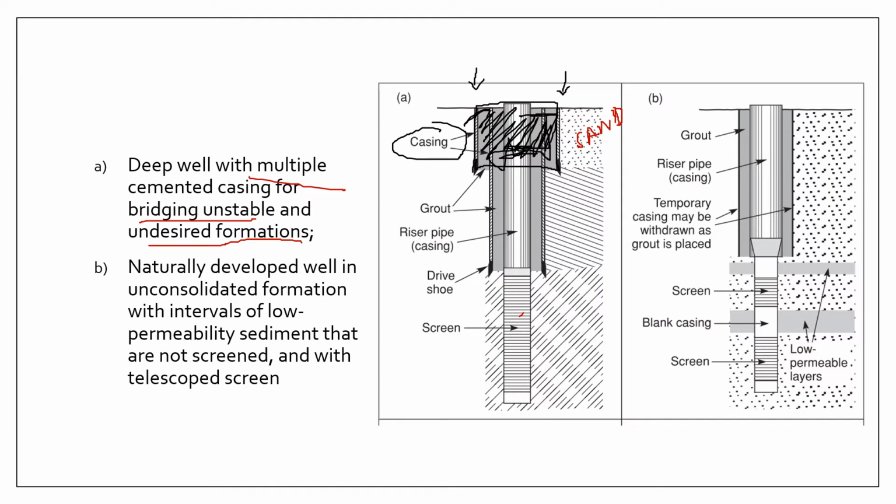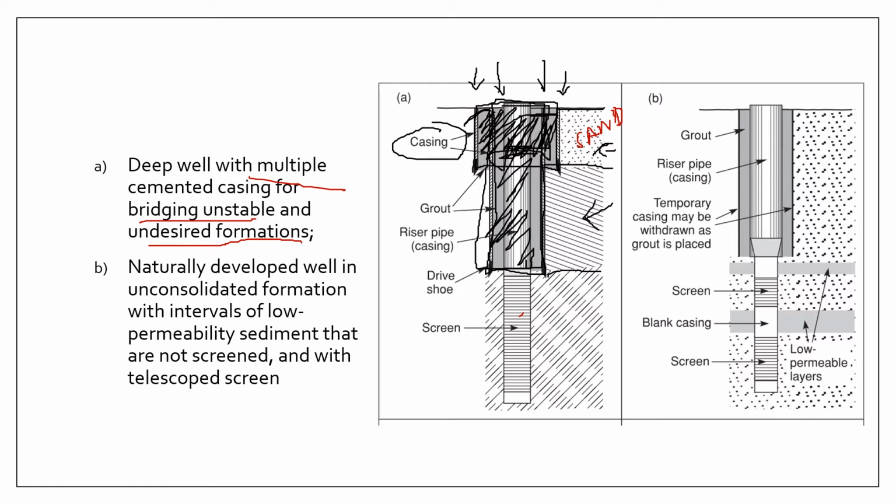And then the second stage is to again drill a slightly smaller hole, this hole, and then install another set of casing. So this way we basically stabilized the formations by stage. First we stabilize this formation, and then for the second step we stabilize this other formation.